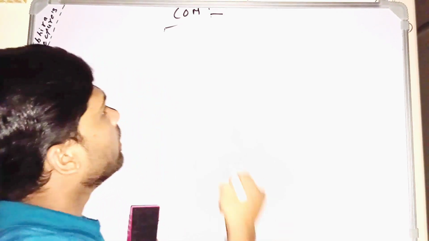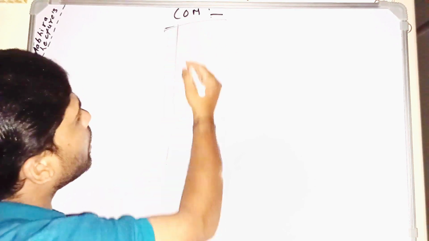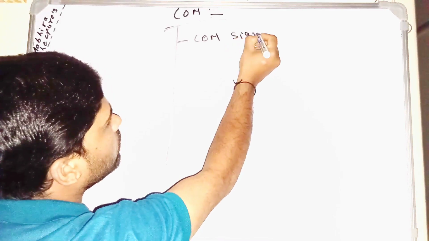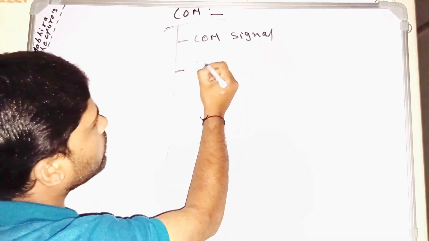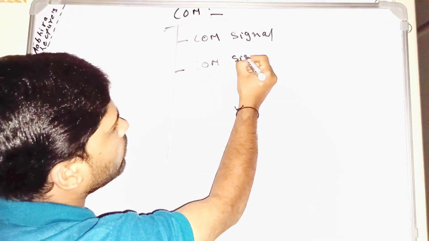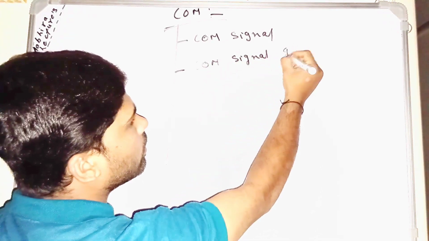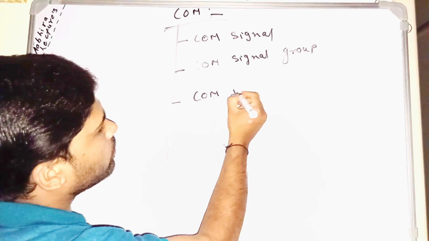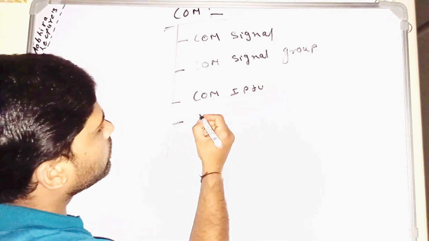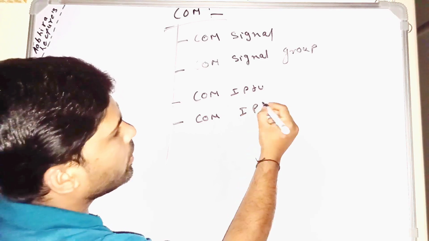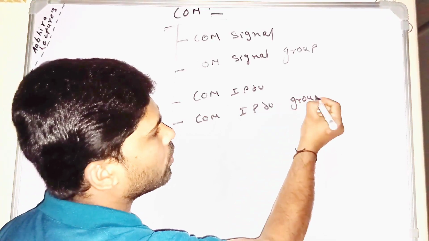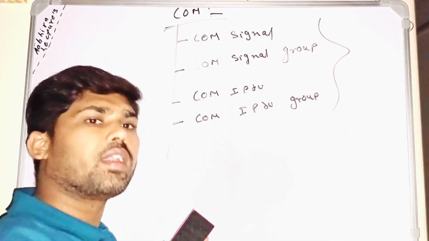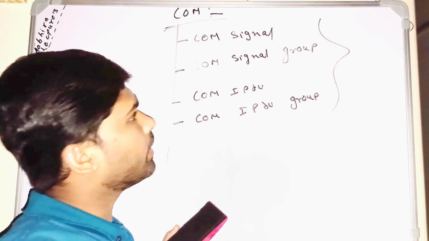In COM first will come COM signal, COM signal group, then COM IPDU, COM IPDU group. So today we will discuss these four parameters, and inside them what are all the parameters which we have to configure. That we are going to see.